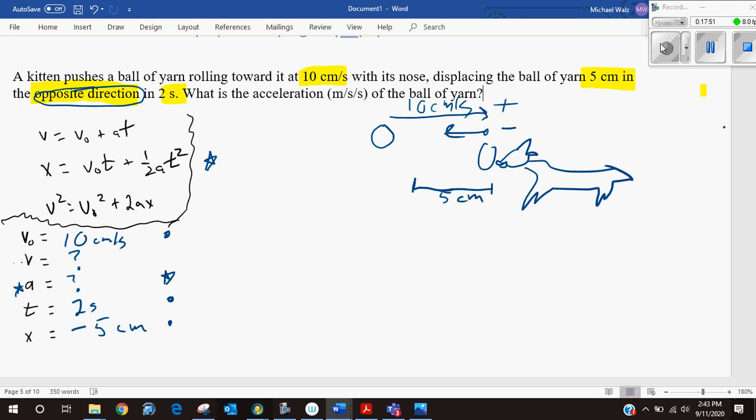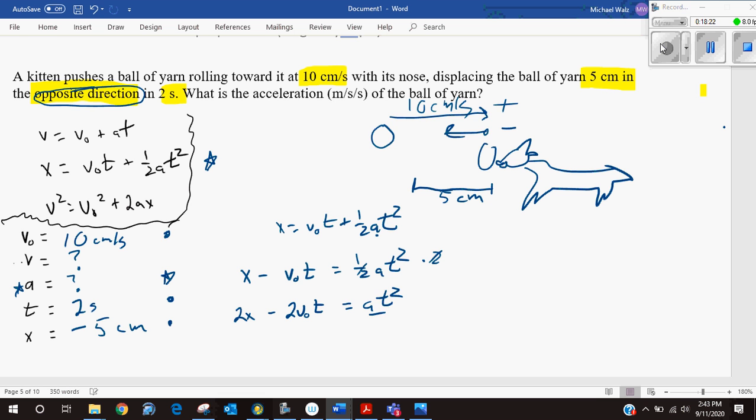Okay, so let's plug and chug that away. So x equals v naught t plus 1/2 at squared. So we got to get this a by itself, right? So x minus v naught t equals 1/2 at squared. Multiply both sides by 2. 2x minus 2v naught t equals at squared.